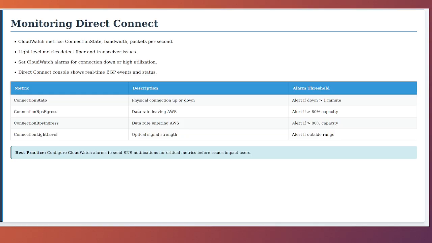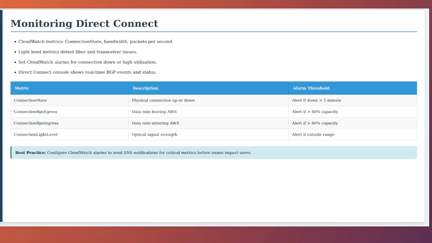The connection state metric indicates whether the physical connection is up or down. This is the most basic health check. If this metric shows down, it means the physical layer is not working, possibly due to a fiber issue, equipment failure, or configuration problem.